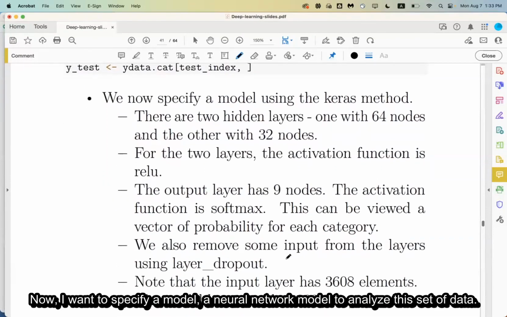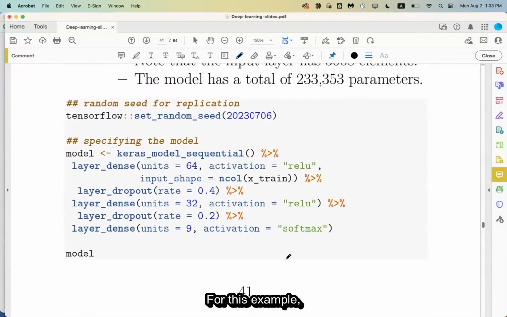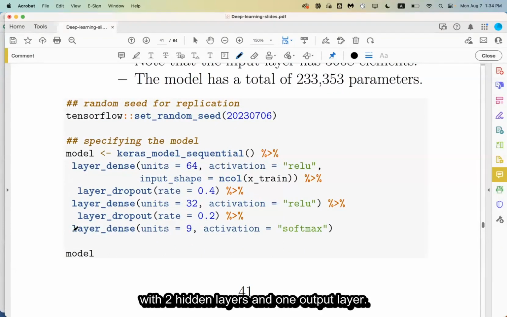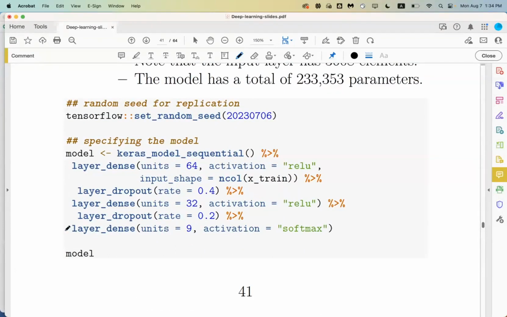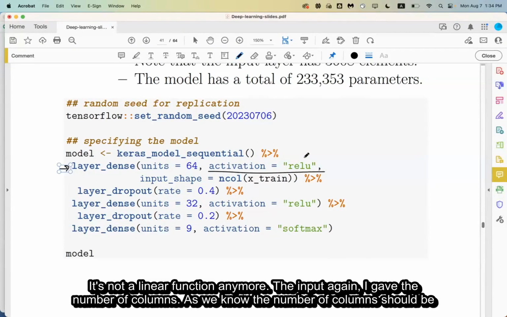Now I want to specify a model, a neural network model, to analyze this set of data. For this example, I use a model with 2 hidden layers and 1 output layer. In my first layer, I have 64 hidden nodes. The activation function I'm using here is ReLU. It's not a linear function anymore.